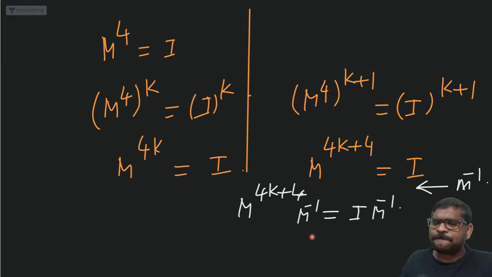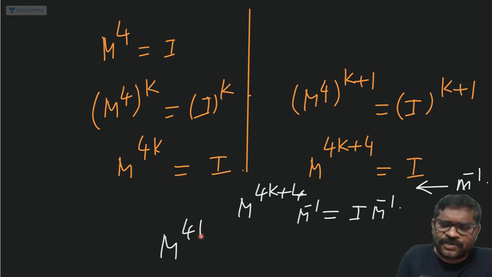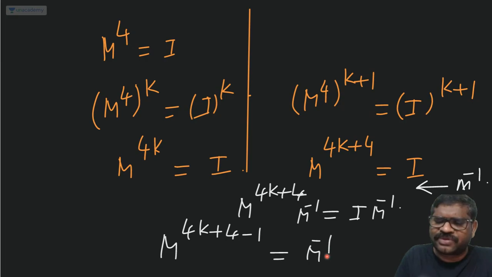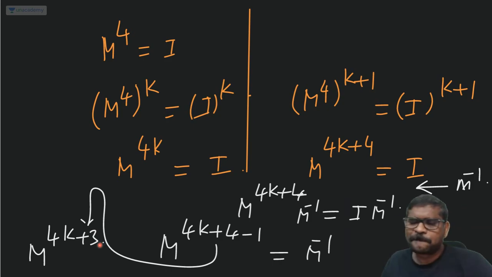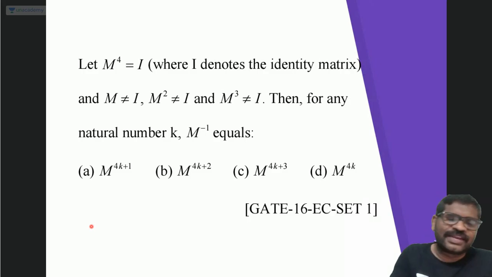Now M power 4k plus 4 minus 1 equal to M inverse. M power 4k plus 4 minus 1 is nothing but M power 4k plus 3, na? Understood? Therefore, the correct answer is M power 4k plus 3.